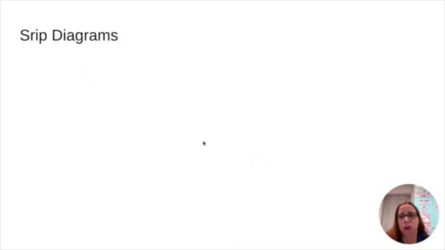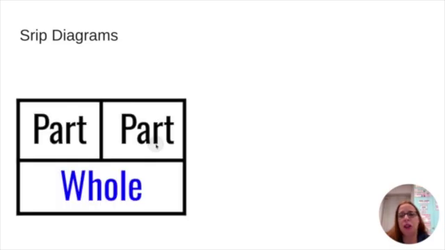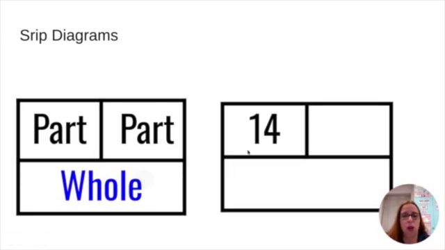Okay, and strip diagrams, we talked a little bit about strip diagrams last week. With subtraction problems, it is the same thing. It's going to look exactly the same. The only difference is in a subtraction problem, they give you the whole and one of the parts. So in this case, one of our parts is 14 and our whole is 25.